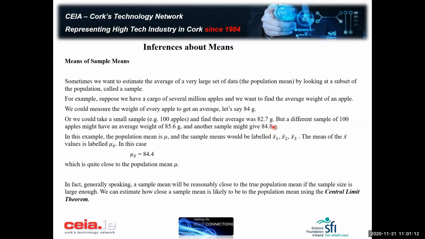If you take as many samples as you want, each one will have a sample mean x bar, and these x bars, it turns out they will on average be 84 if you do enough of these samples, but they'll be spread around a little bit.